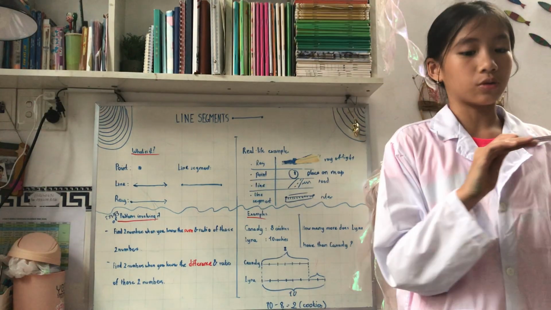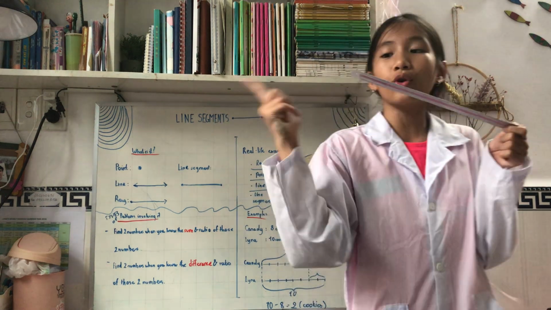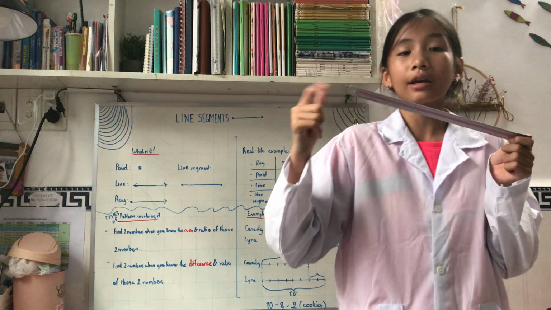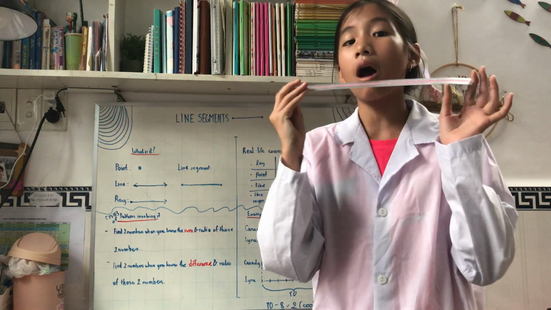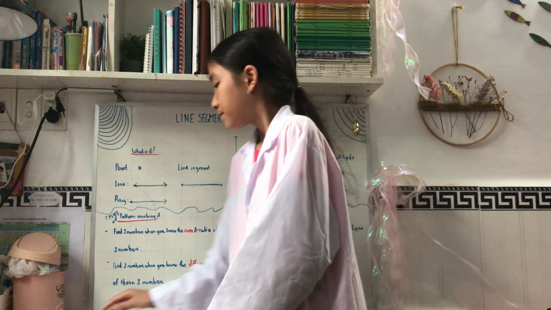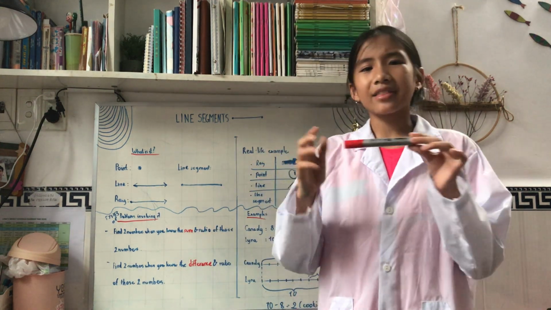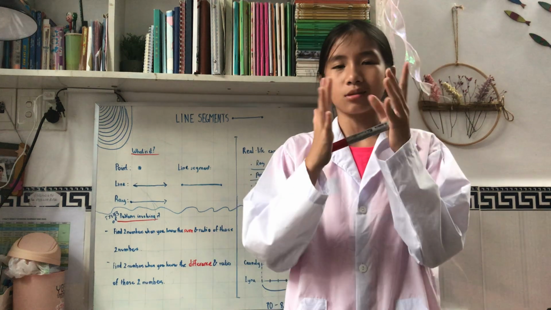Take this as an example. This is a ruler. As you can see, it has two endpoints, one at the beginning and one at the end. So this is an example of a line segment. This is also an example of line segments, anything that has a line and has two endpoints.